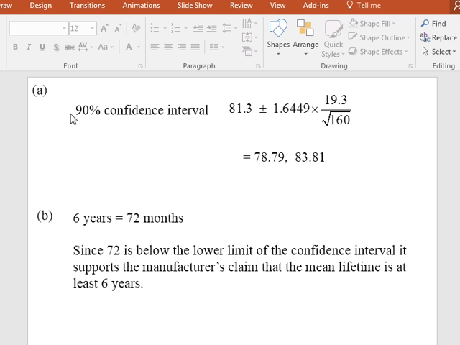From the normal tables, looking up p equal to 0.95 gives a z value of 1.6449. So 90% is in the center with 5% in each tail. So we look up 95%.